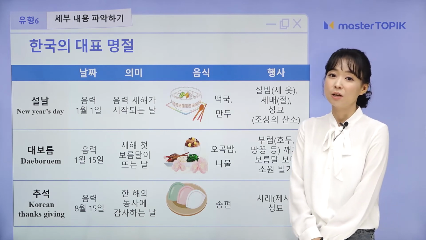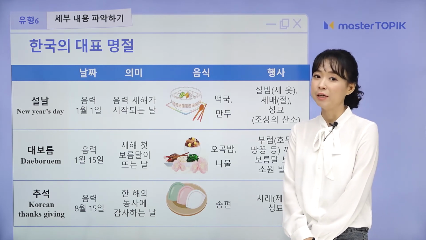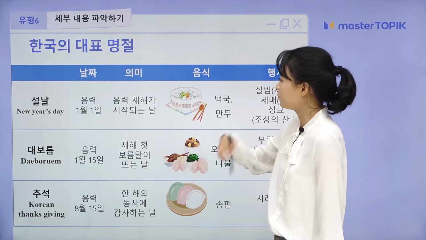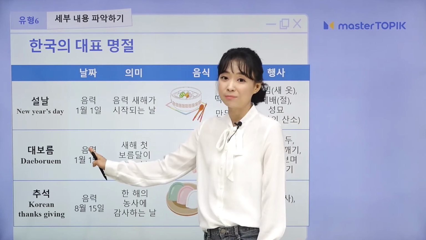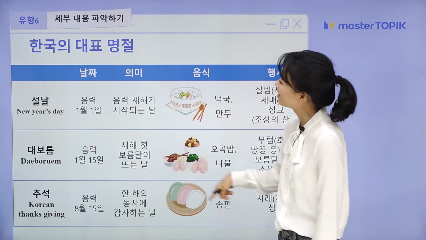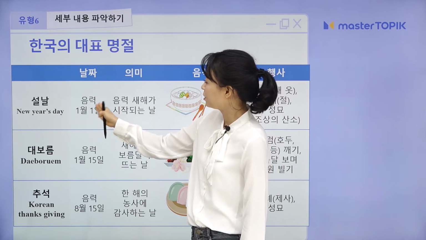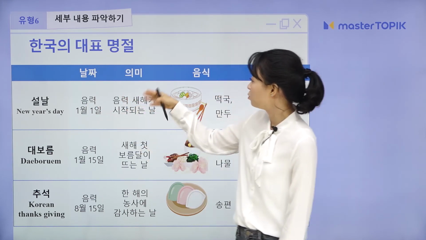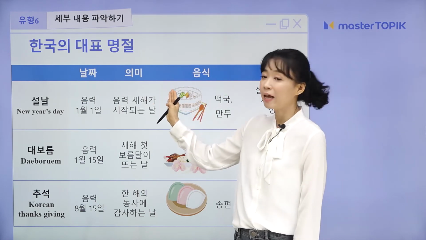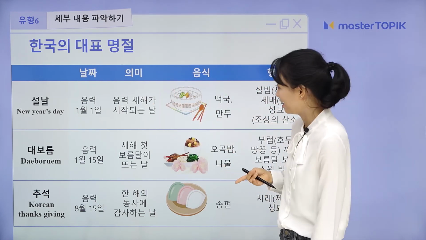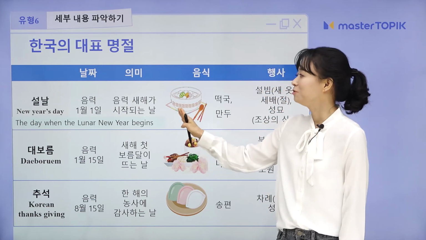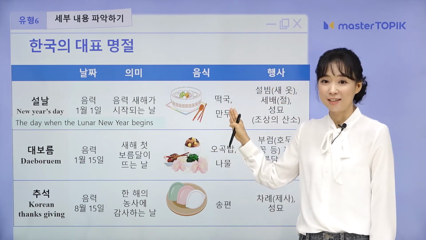Okay, then let's learn about Korean representative holidays. Well, in the text, it talk about only 설날 and 추석, but we also have 대보름. Let's check one by one. 설날, New Year's Day. It is January 1st of lunar calendar, and what it means? 음력 새해가 시작되는 날. The day when the lunar new year begins.